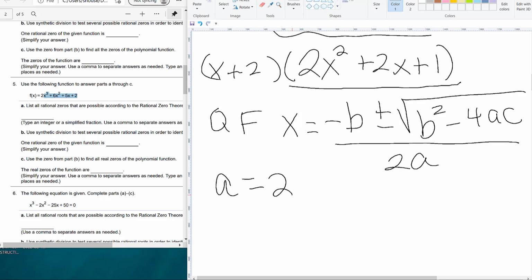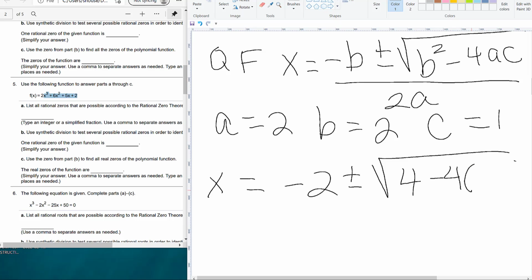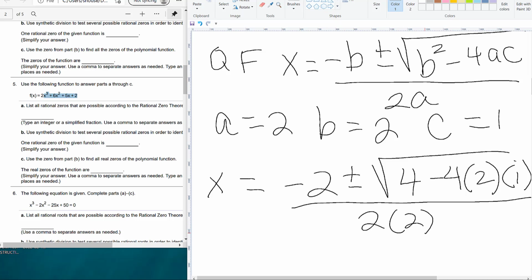So my a is 2, my b is 2, and my c is 1. So plugging those in, I get x is the opposite of 2, negative 2, plus or minus the square root. So that's 2 squared, which is 4, minus 4 times 2 times 1, and that's all over 2 times 2.